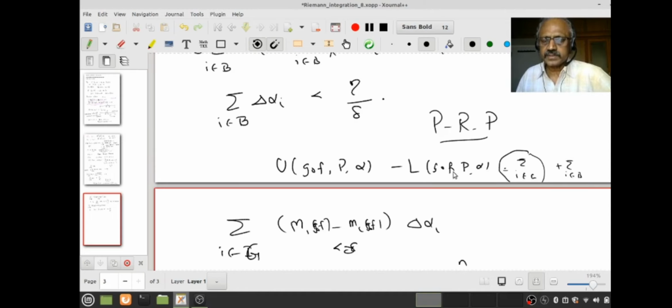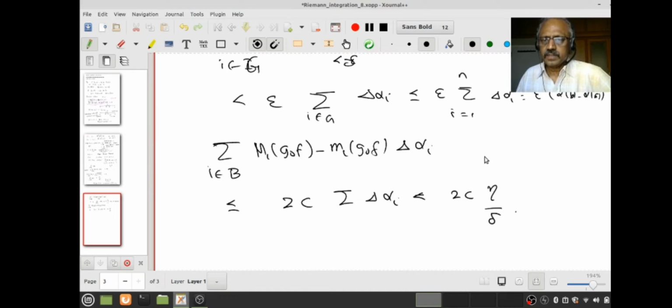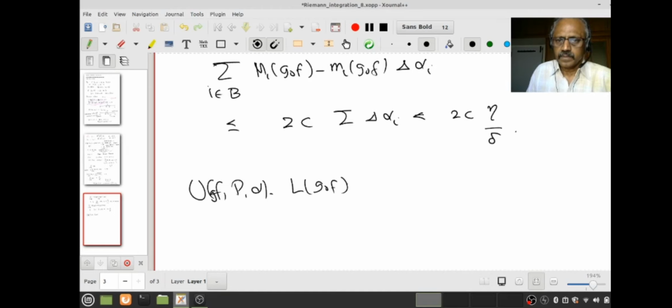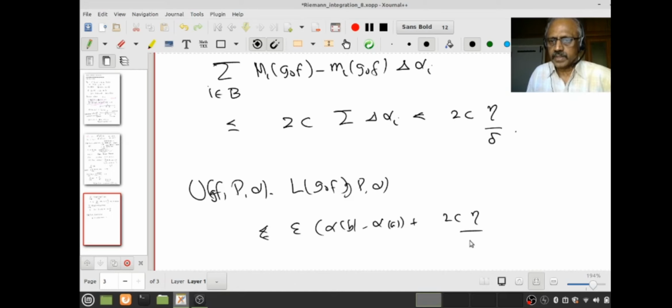You understand this? So therefore what do you think I have? I have U(g∘f, P, alpha) minus L(g∘f, P, alpha) is less than epsilon times alpha b minus alpha a plus 2C eta by delta.